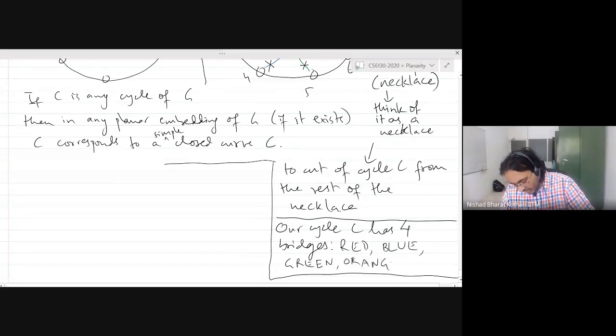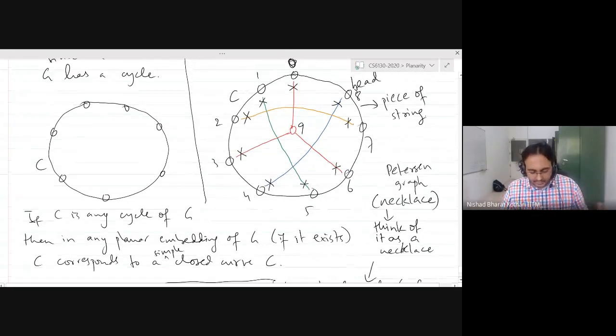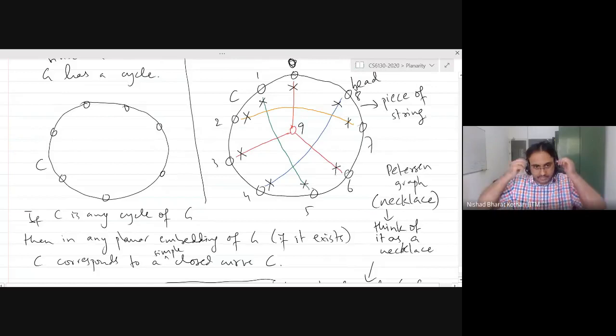Okay, so those are the 4 bridges of our cycle. And we will continue the discussion from here tomorrow, but I'm still here for another 10 minutes. So we can discuss either the cycle bridges or whatever else you like.